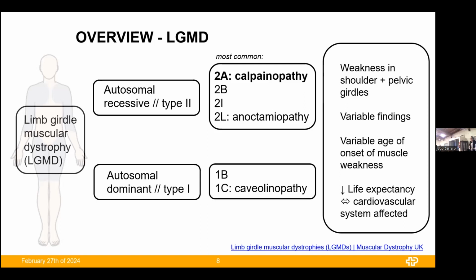There we also see variable findings of signs and symptoms. We see variable age of onset of muscle weakness, and the life expectancy can also be reduced depending on whether the cardiovascular system is affected or not. This is dependent on the type of dystrophy you have.